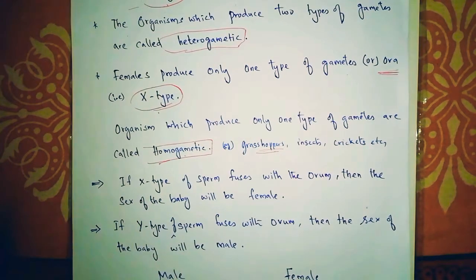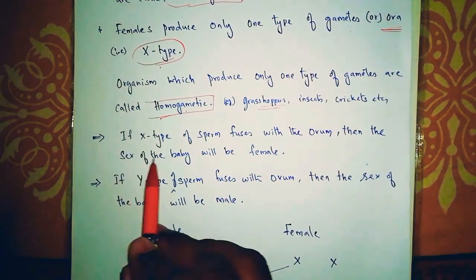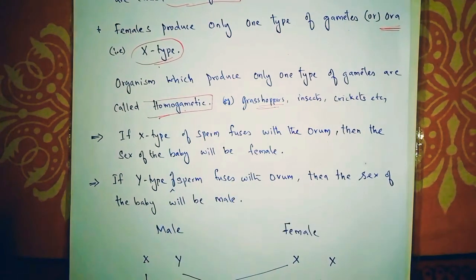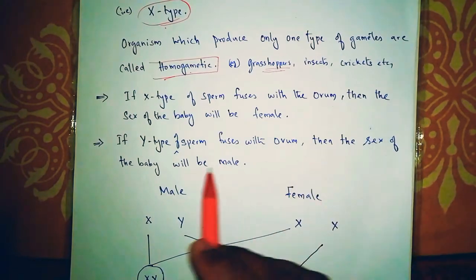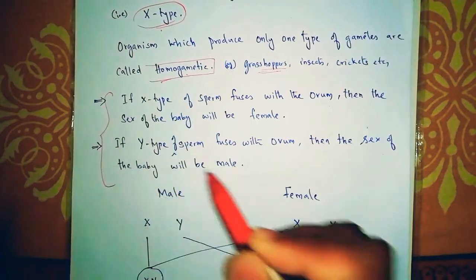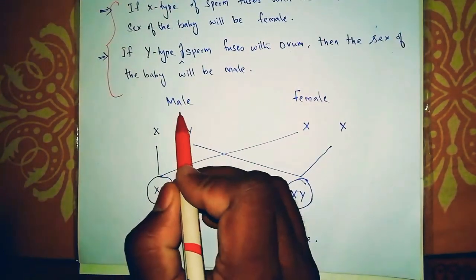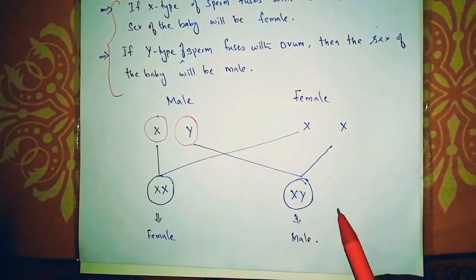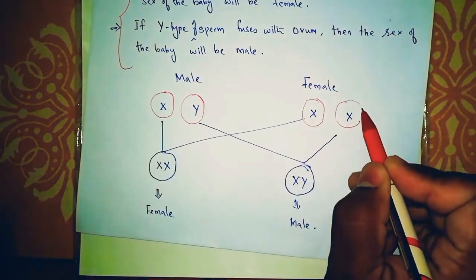If an X type of sperm fuses with the ova, then the sex of the baby will be female. And if a Y type of sperm fuses with the ova, then the sex of the baby will be male. Let's learn deeper about these two points. As I told you, the male produces X and Y gametes, and the female produces only X and X gametes.